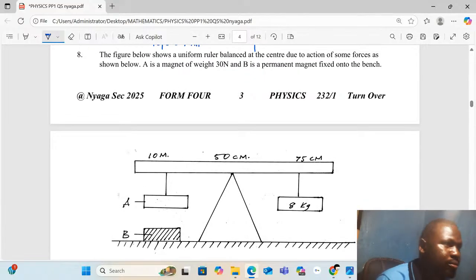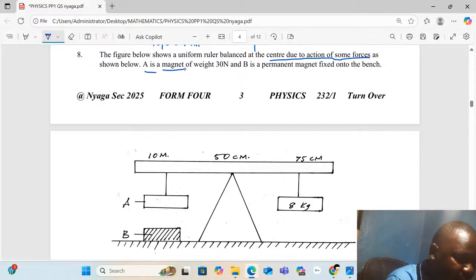The figure below shows a uniform ruler, can say a uniform meter rule, balanced at the center due to the action of some forces as shown.